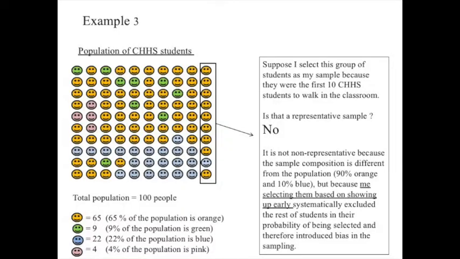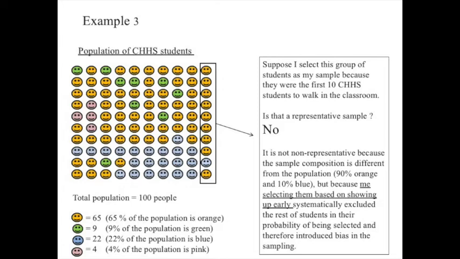Now let's look at this third example. Suppose I select this column here because they were the first 10 CHHS students that walked into the classroom, or the library, if you will. Is this a representative sample? Again, no. Because I am systematically including only those that walked in on time and excluding those that didn't.